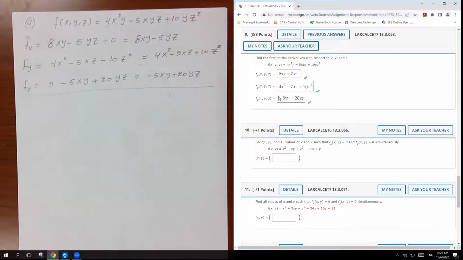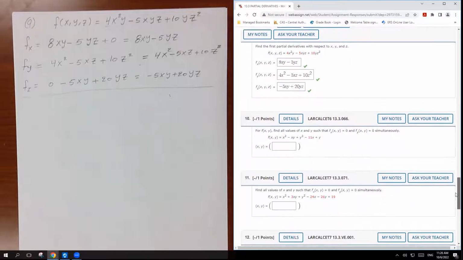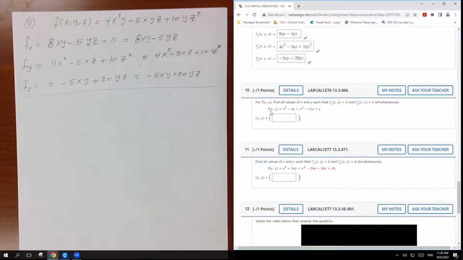Let's check example 10. In example 10, they're telling you to find, here is f of x. F sub x is going to be 0 and f sub y equal 0. Now we need to find the value of x and y. This is a nice question.